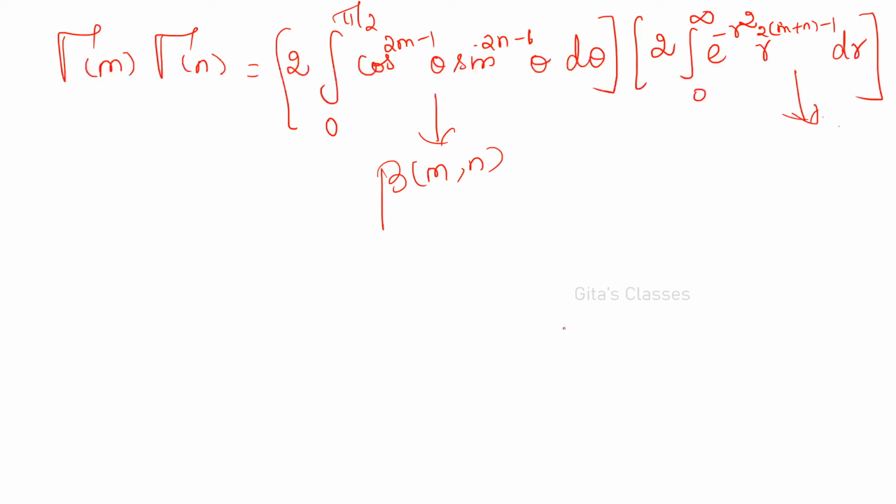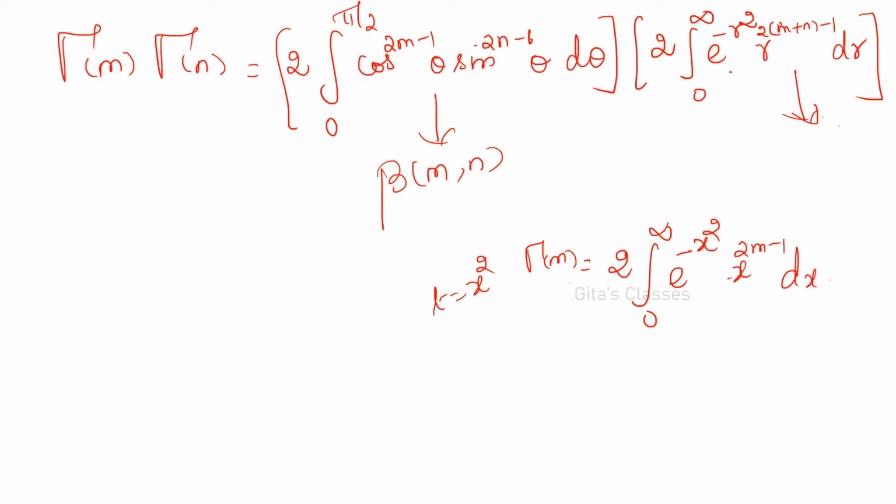In the beginning we have seen that 2 into the integral from 0 to infinity e power minus x squared, after substituting t is equal to x squared, gamma of m is equal to 2 into the integral e power minus x squared into x power 2m minus 1 dx, right? So here 2 into the integral from 0 to infinity e power minus r squared, if we have r power 2m minus 1, we can write it as gamma of m.